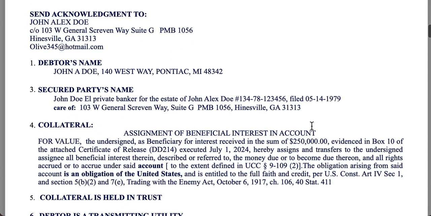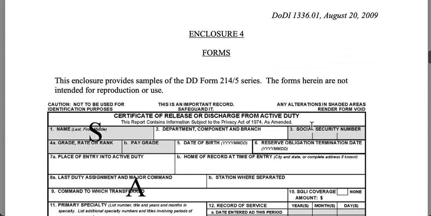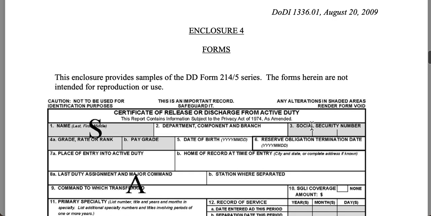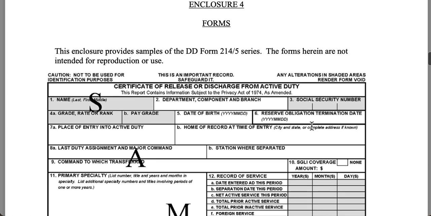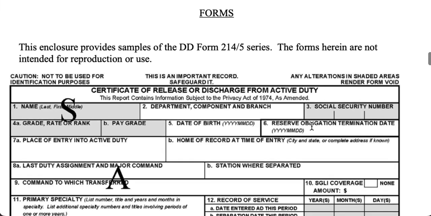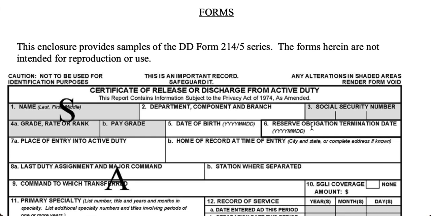So, foremost, what we're looking at, as we just saw, is a Department of Defense form DD214. And to start out, the first thing we want to pay attention to, because what we're trying to do is better understand what this form is that they give to us.